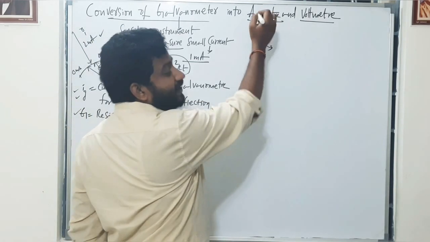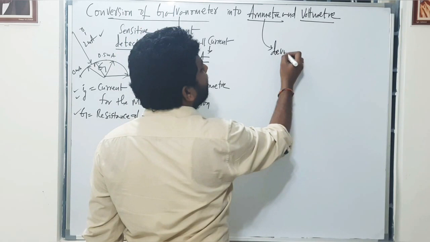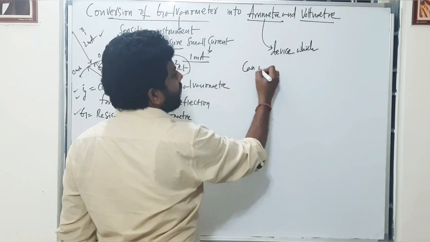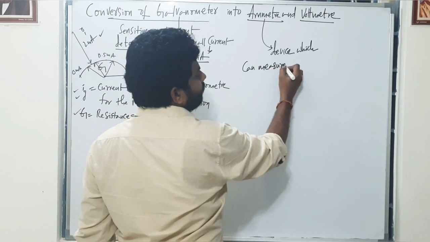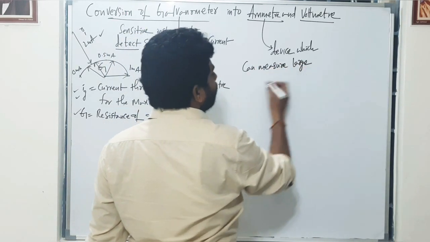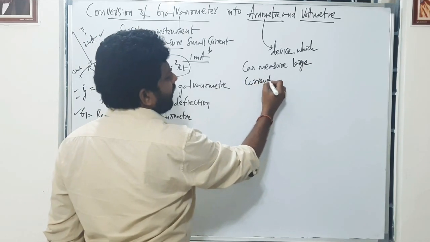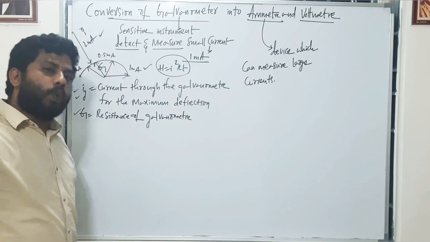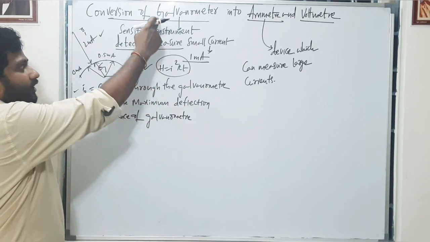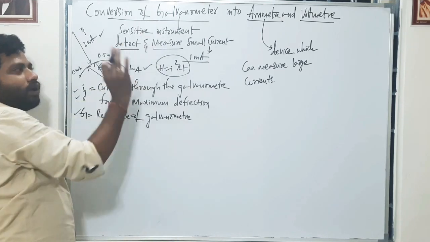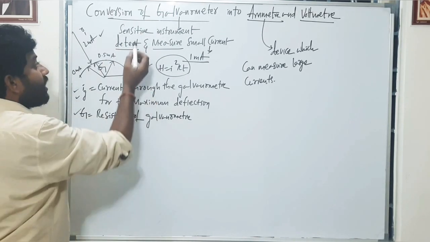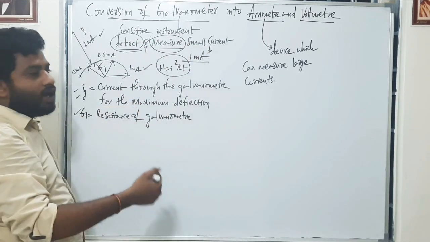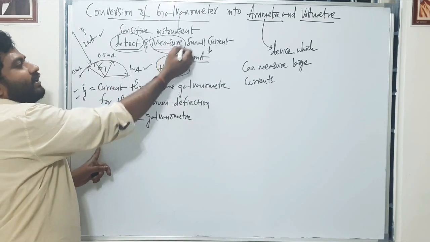So, an ammeter is a device which can measure large currents. Before moving to the ammeter, come back to the galvanometer. I just wanted to add one more point. If you see the galvanometer definition, what I wrote here, it will detect and measure the small amount of current. Here we have discussed measuring only.